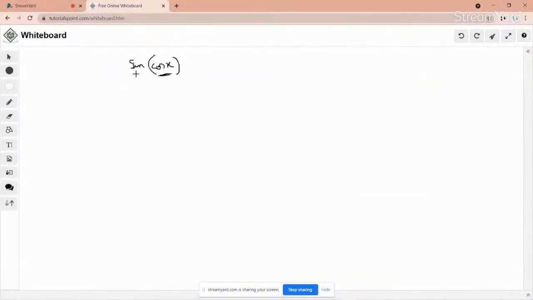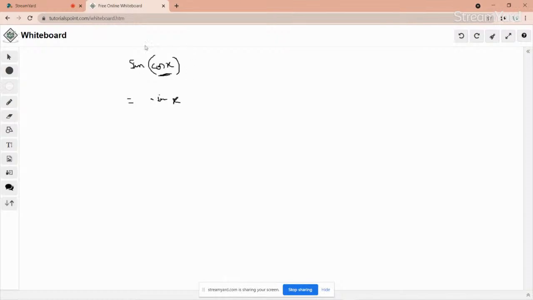So this one, what we did just a few minutes back. What is the differentiation of sine x? It's cos x, and for cos x it's minus sine x. I told you first we have to solve the inner part, this inside value. So firstly, the inside value: differentiation of cos x will be minus sine x.